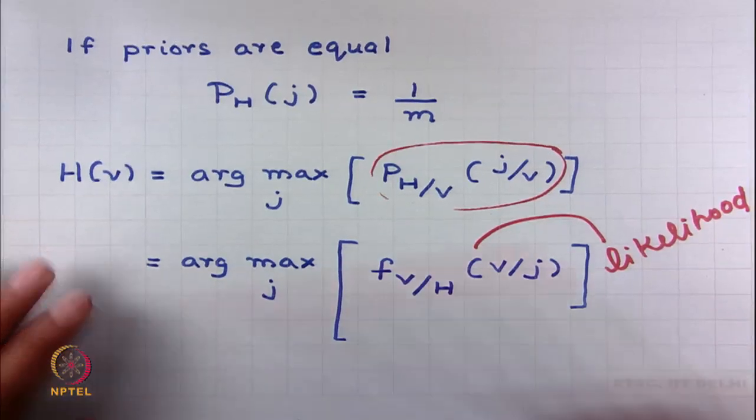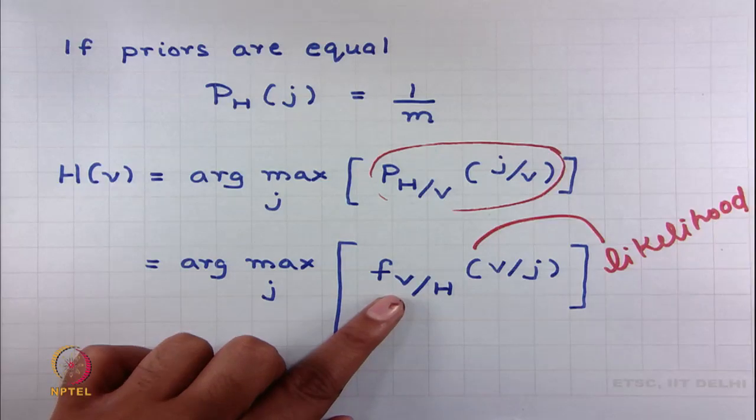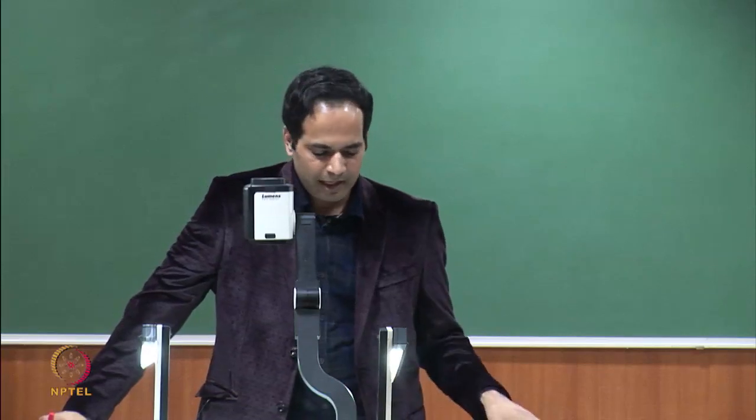Maximizing this is the same as maximizing this, and this is the likelihood function. What is a likelihood function? It is the conditional probability density of random variable V given a hypothesis. So, it is a conditional PDF. Okay. This is also known as likelihood.